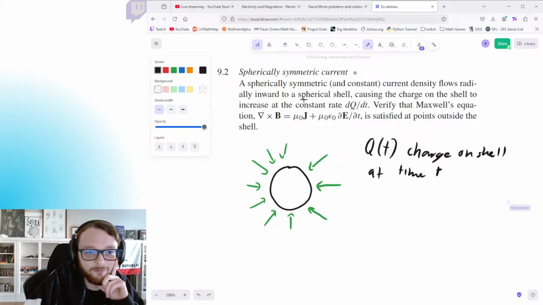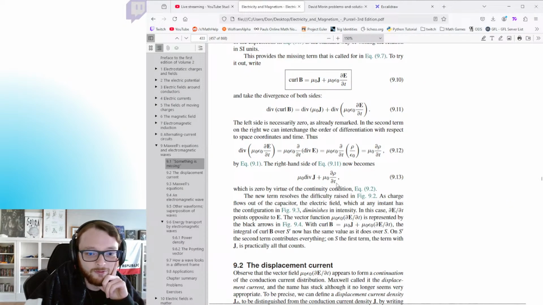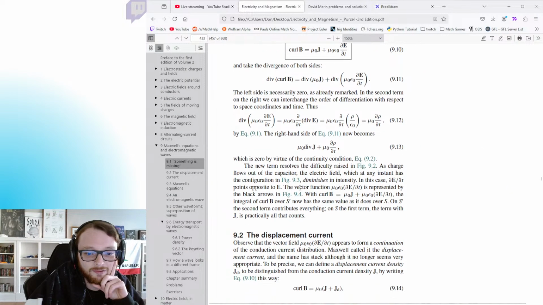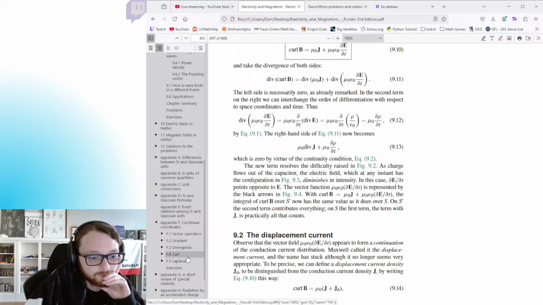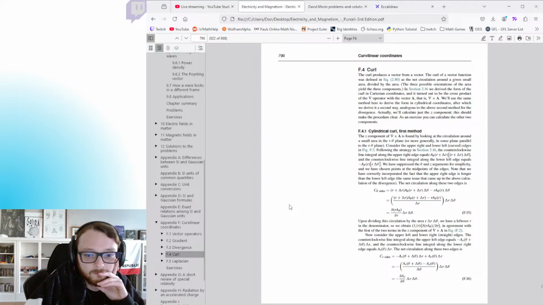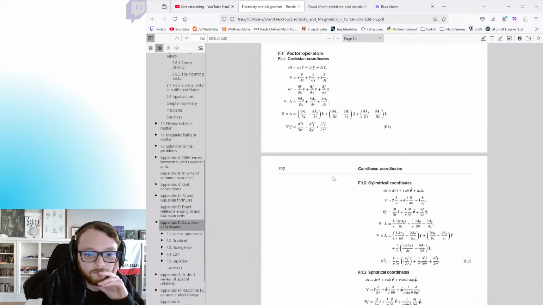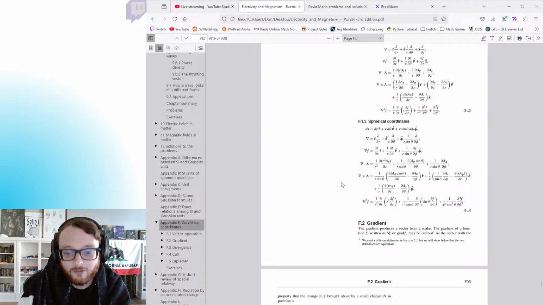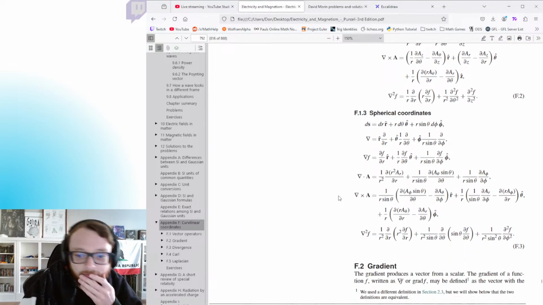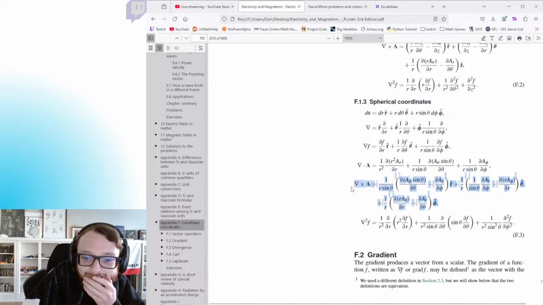I always think of that appendix at the end of the book, appendix F. Oh, that's right. The curl in spherical coordinates doesn't look friendly. Oh yeah, I feel attacked when I look at this.